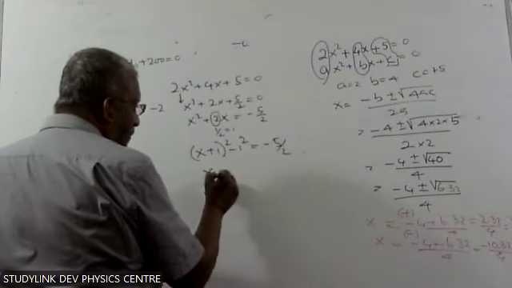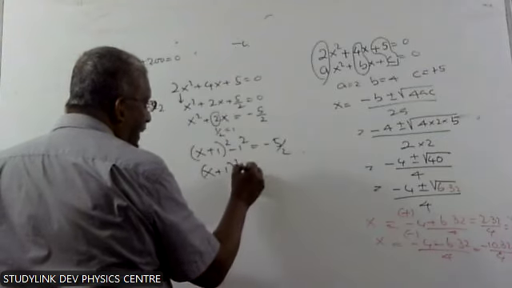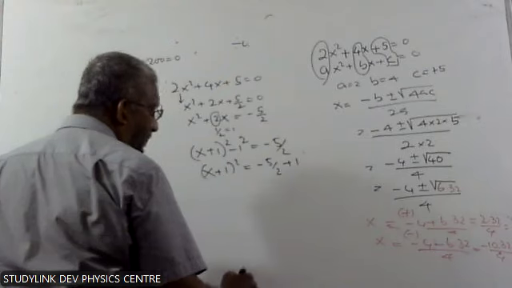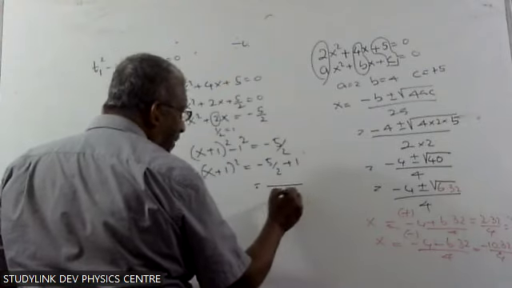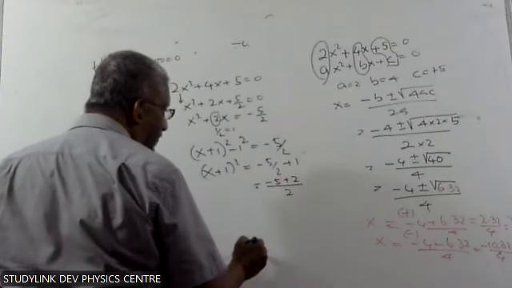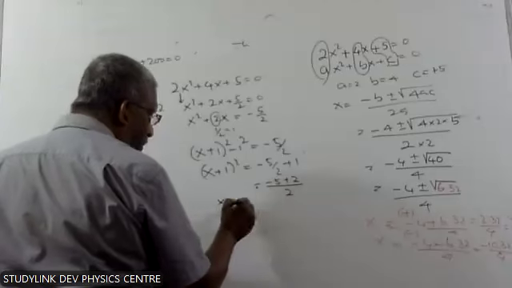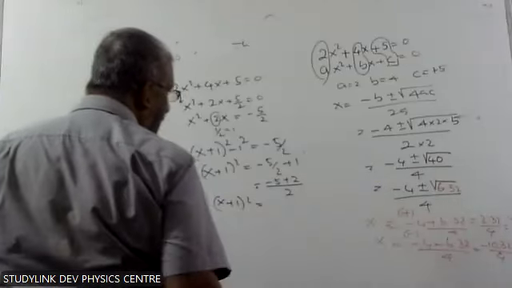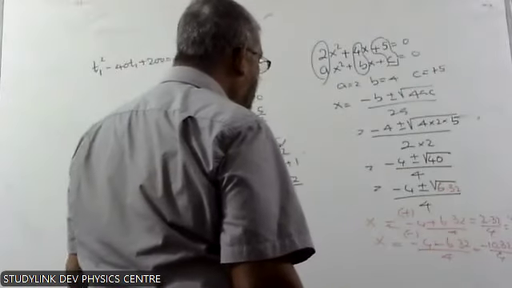So then x plus 1 whole thing squared is equal to minus 5 by 2 plus 1. Then 2. Then you get minus 5 plus 2. x plus 1 whole thing squared is equal to minus 3 by 2.